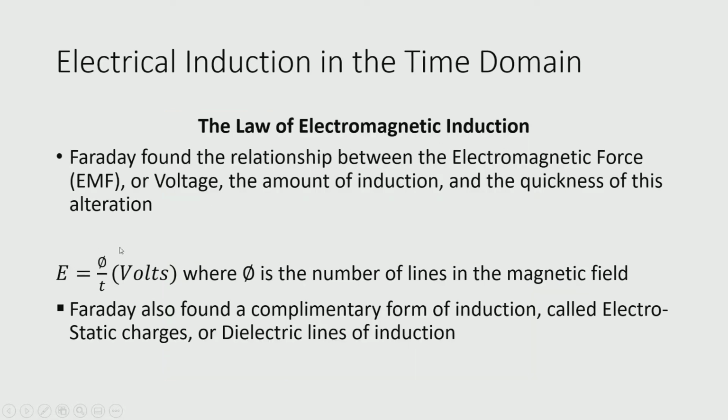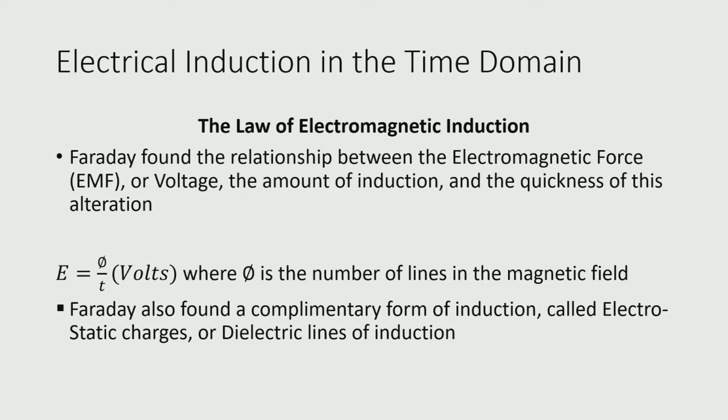So everyone knows, V equals IR, but this is going to be broken down differently. Steinmetz used E. This is going to be Eric Dollard's Steinmetz electricity. I find it a lot simpler to use. I go back to school, so I have to distinguish the V and the E, but if I can do it, you can do it too, people. So pretty much the law, he found a relationship between the electromagnetic force, which I'm going to refer to as EMF in this lecture, or voltage, is the amount of induction and the quickness of the alteration.